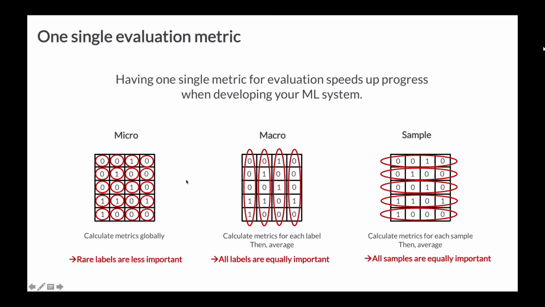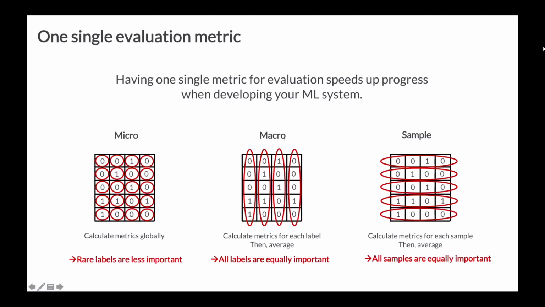And there are many variants of F1 score in multi-label classification. We have the micro variant. The micro F1 treats all predictions on all labels as one vector and then calculates the F1 score. Because it does so, it's not necessarily paying attention to rare labels and is dominated by performance on common labels.